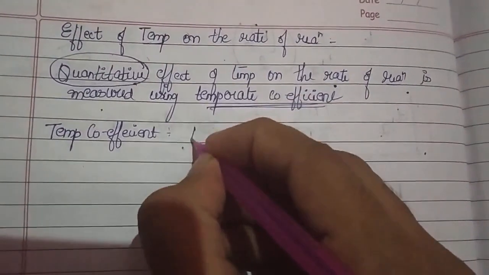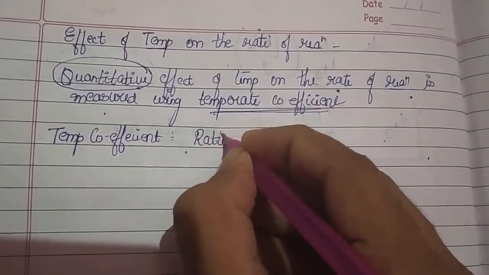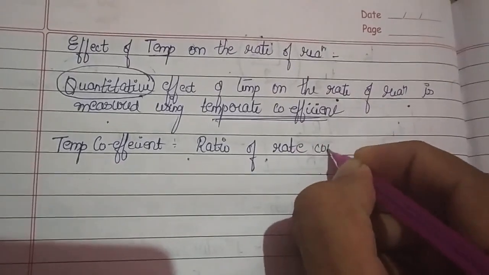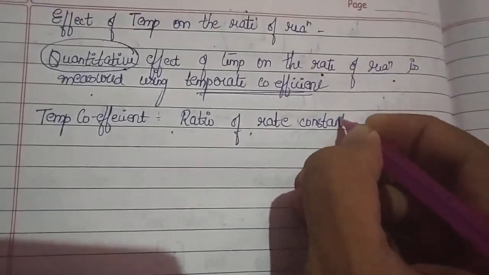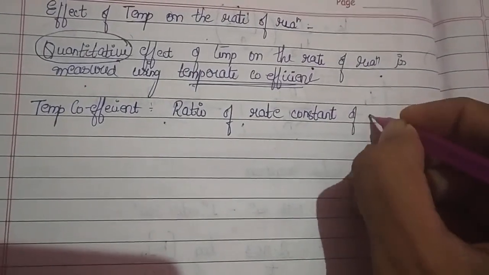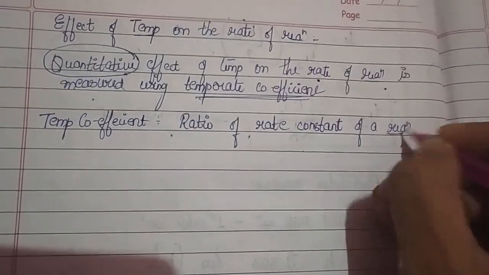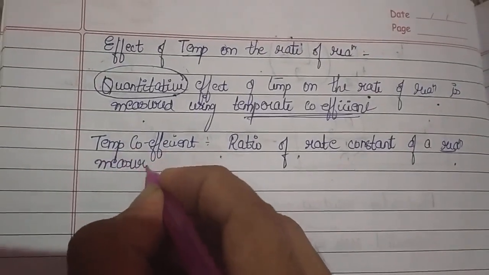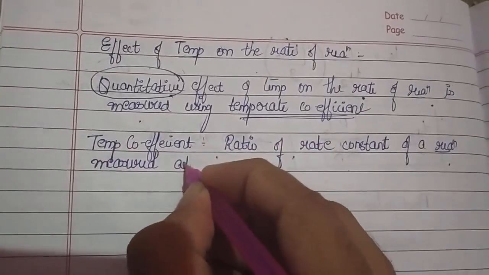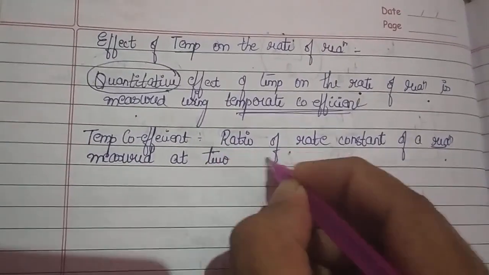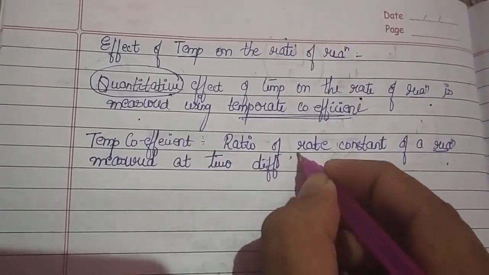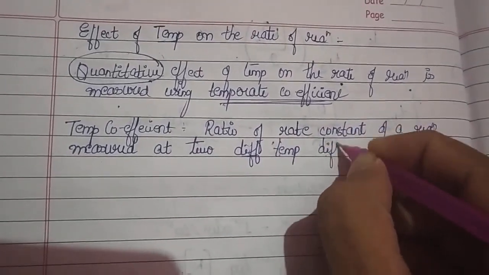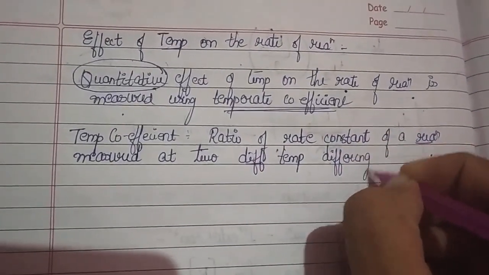Basically, it is a ratio of the rate constant of a reaction measured at two different temperatures, differing by 10 Kelvin.